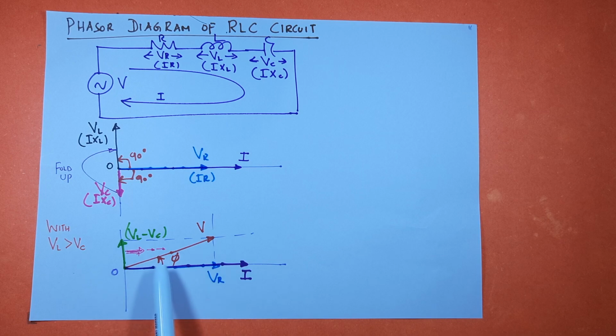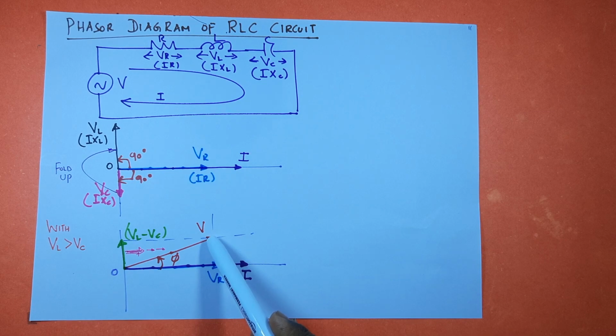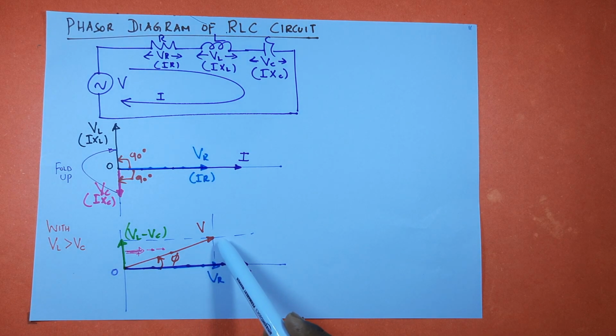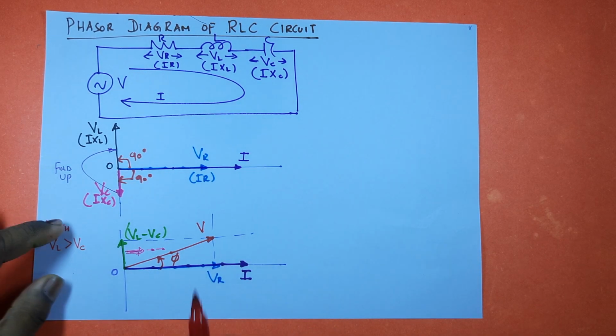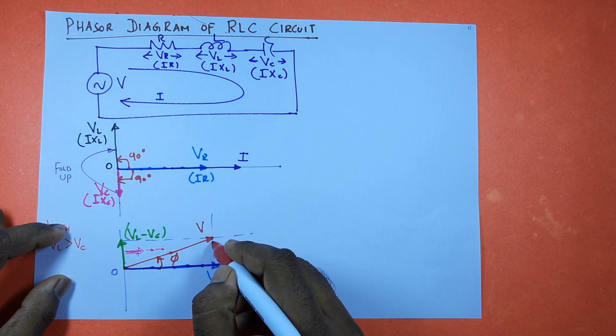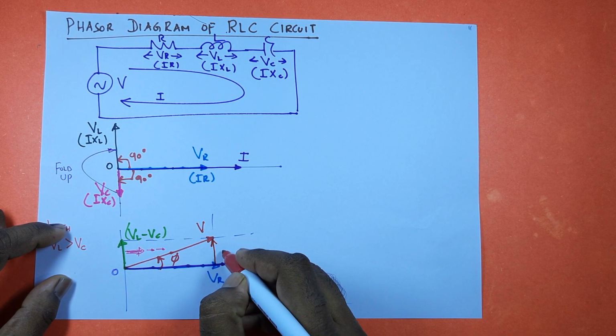Now the angle between this current and this voltage V is nothing but the phase angle phi. This is a phasor diagram or vector diagram. Here, VL minus VC. Actually if you move this, you can draw like this.